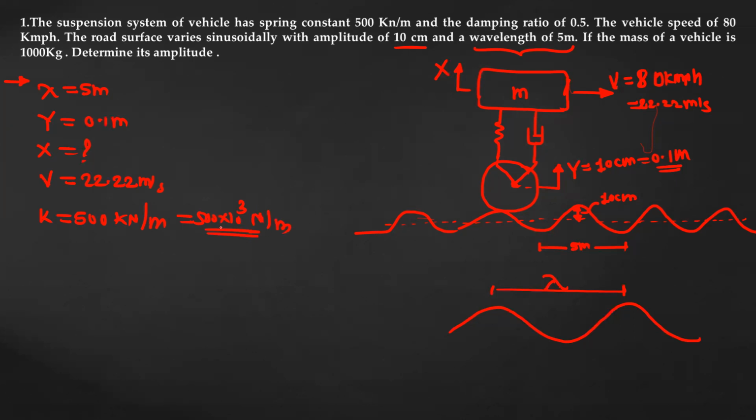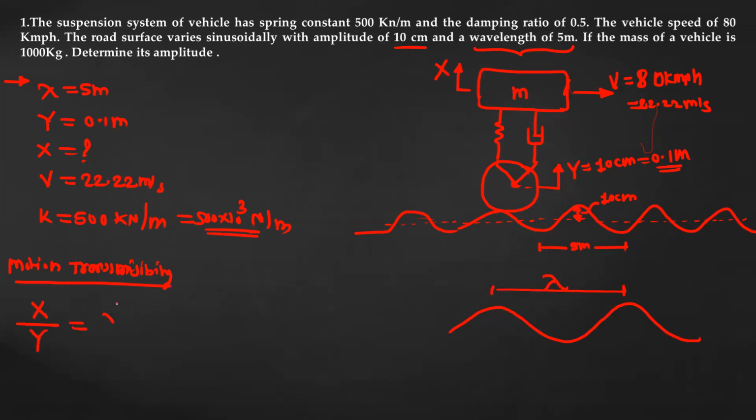Okay, but if you observe this, we should refer to the equation of motion transmissibility. So I will write that equation. Motion transmissibility is nothing but the ratio x upon y.